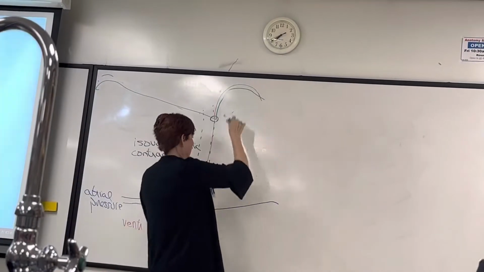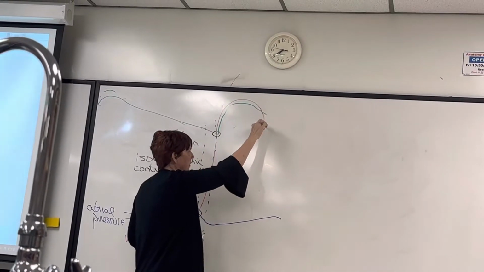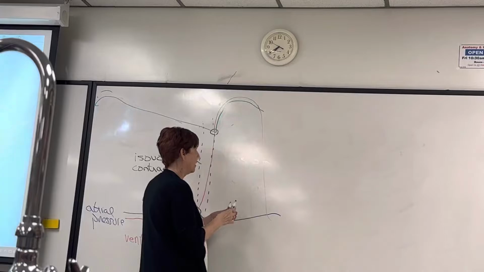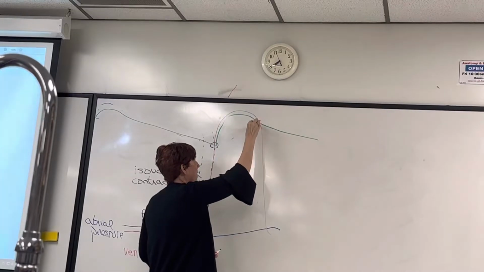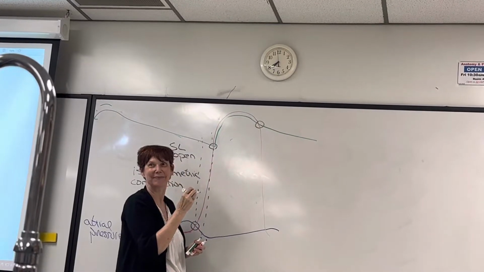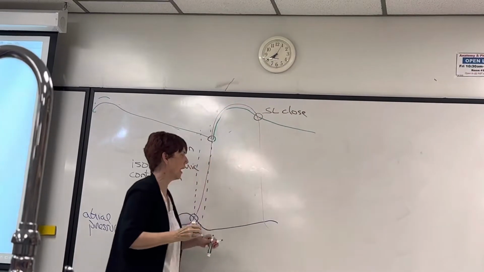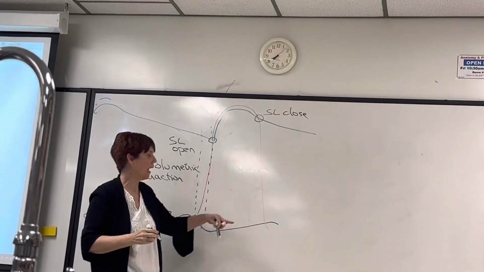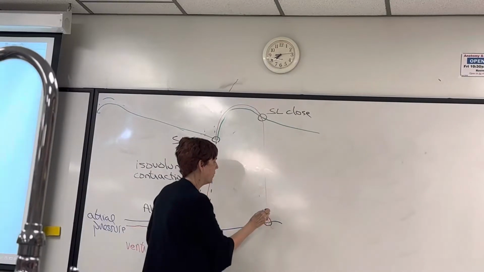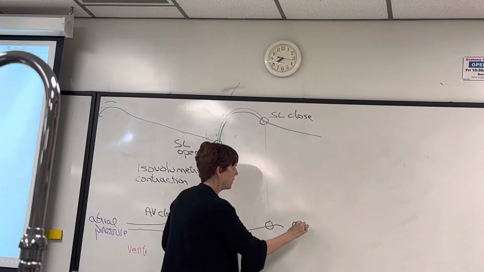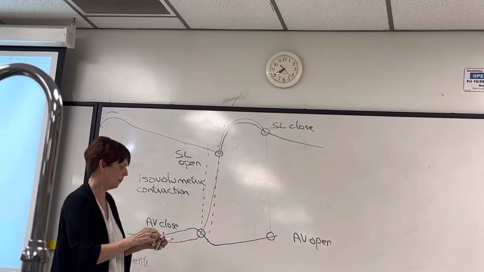Because the ventricles are relaxing, pressure continues to drop, and aortic pressure continues to drop as well as blood moves away. The semilunar valves close again. AV valves are still closed until the pressure drops below the atria. When the pressure of the ventricles finally drops below the atria, we have AV valves opening, and there's another flow of blood into the ventricles.